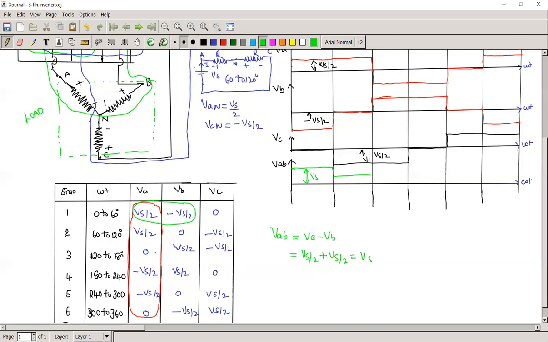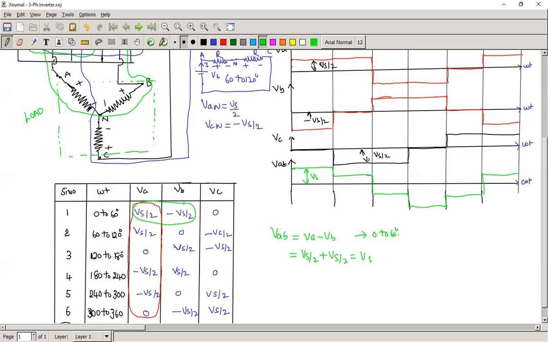Again here minus Vs by 2, here minus Vs. In the same manner, if you calculate every 60 degrees, I've made the calculation between 0 to 60 degrees for the line voltage.